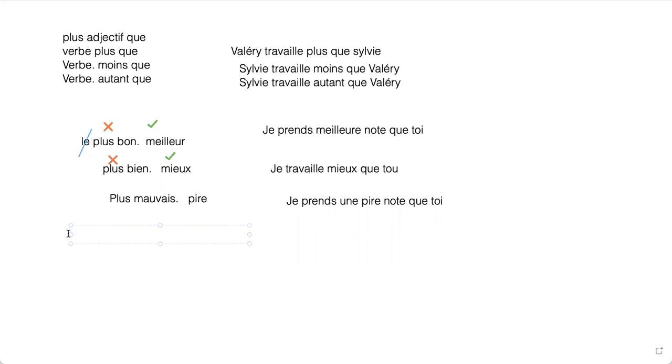So if one house is like 200 square feet or 200 meters, this is a mètre. And the other house is 300 mètres. And the other one is 400 mètres.